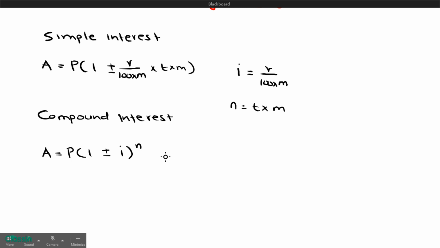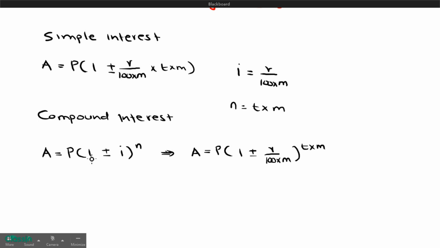So if we expand this, it means that A equals P into 1 plus or minus R over 100 multiplied by m, exponent T multiplied by m.